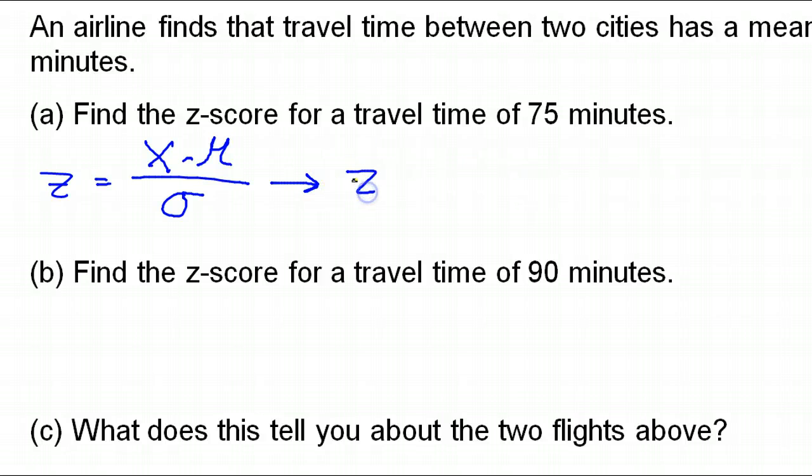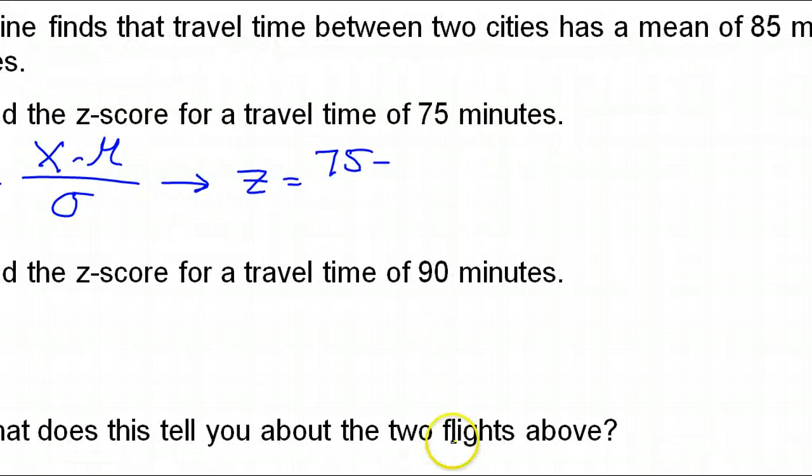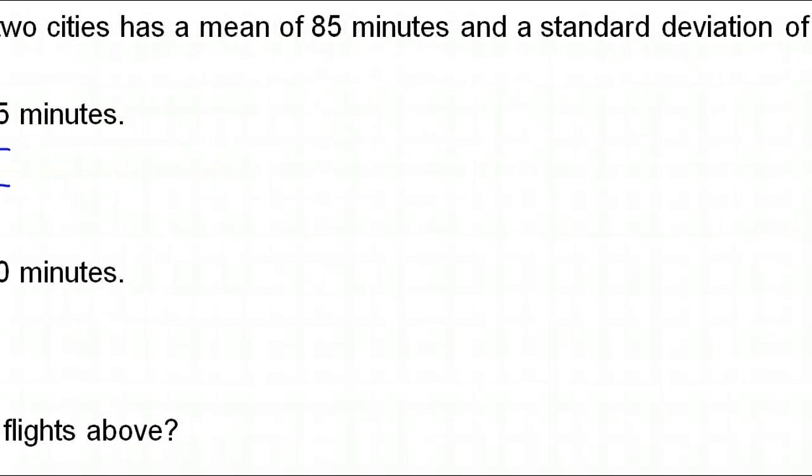So in this case, the z-score is going to equal 75 minus 85 divided by 7.